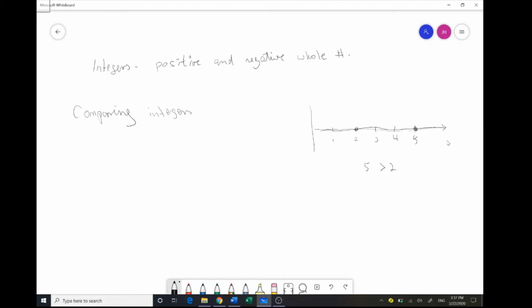Now take a look, coming back to our integer comparisons. So let's say I want you to compare 2 and negative 3. Which one is greater than which?